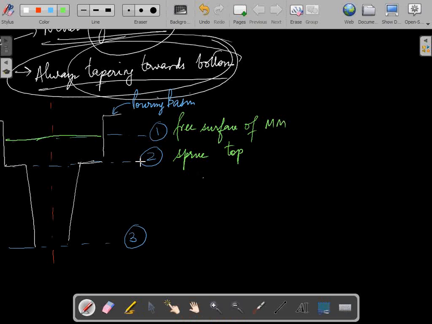This is the top of the sprue. Okay, and number 3 is the sprue bottom. That is the bottom of the sprue, this section.